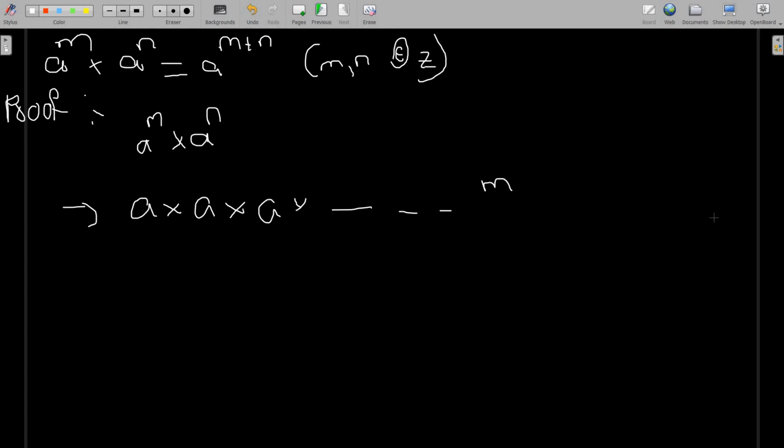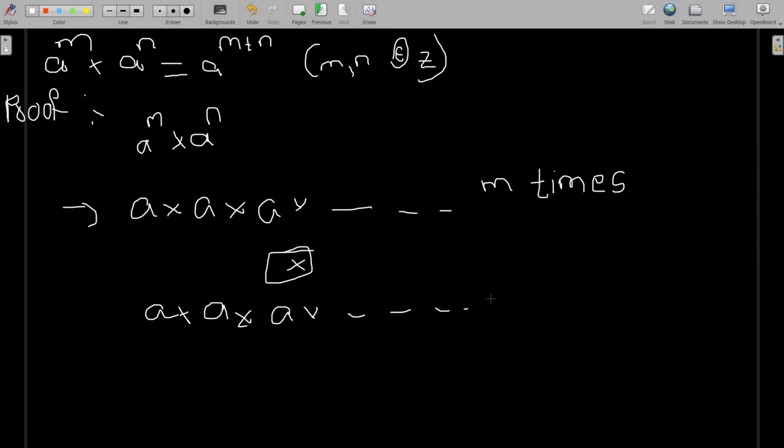We know that m times, or else we can write it like this also, m factors. So I am writing here m times, and this is multiplied by a power n. That is the reason I am writing here a into a into a, m times, multiplied into a into a into a, how many times, n times.